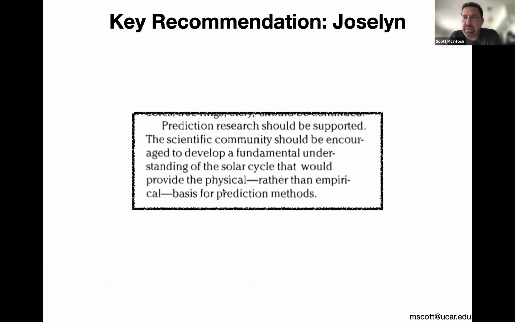So one of the things at the end of Joanne Jocelyn's work was advocacy that prediction research should be supported, and it should still be supported, along with synoptic scale measurements of our star, so that we can understand how these pieces of information work together. And the advocacy here was that they want to build a physical rather than empirical basis for the prediction models, right? So a lot of what you've seen in that earliest endeavor were empirical relationships that had been derived for basically 100 years.